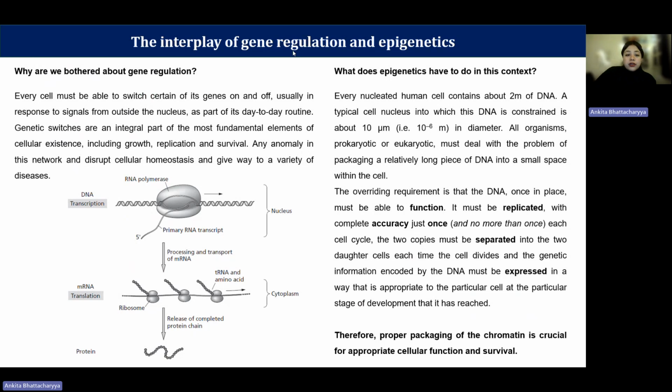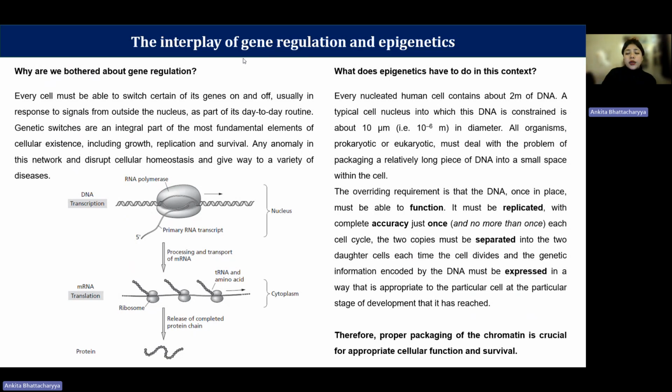Now, one very important concept that is relevant for epigenetics is that chromatin packaging, the formation of chromatin fibers from loose DNA, is extremely necessary considering the magnitude of information that needs to be contained within a very small cell.